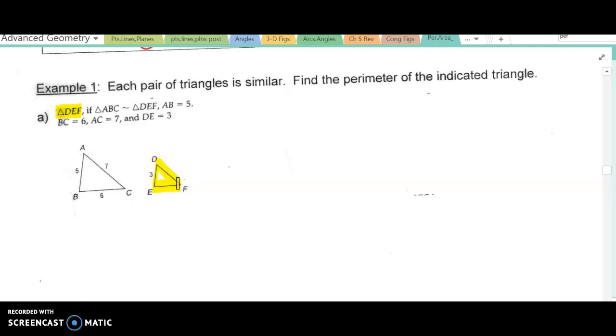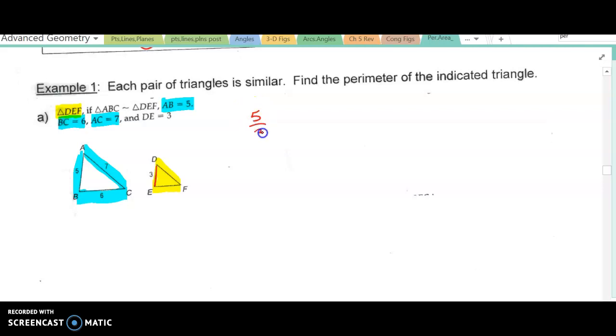Now we could do this the long way. Let's see, before we get ahead of ourselves, AB is 5, BC is 6, AC is 7, and we know this side is 3. What is the perimeter of this whole thing? We could definitely set up proportions.